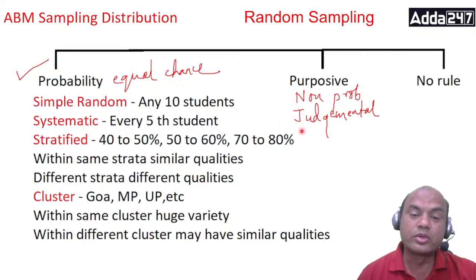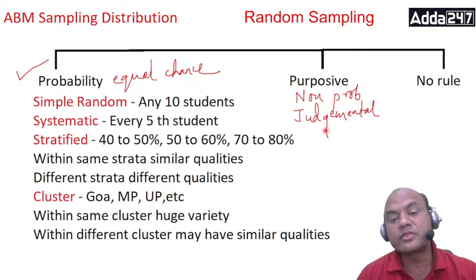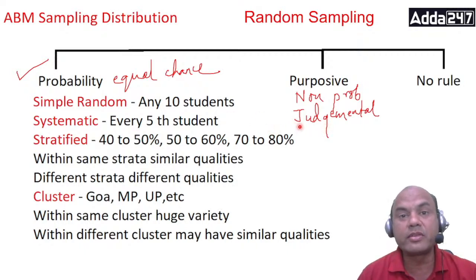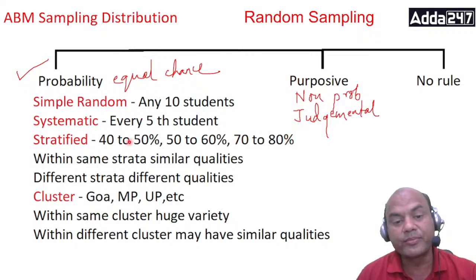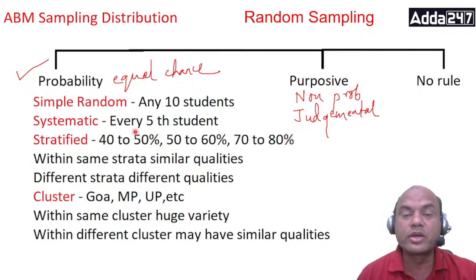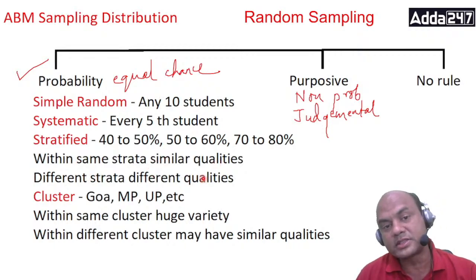Versus students with marks of 70 to 80 and students with marks of 40 to 50, their thinking ability will be different. That's what is meant by stratified. A 40 to 50% student will always think of passing, and an 80 to 90% student will always think of scoring. So within the same strata, similar qualities; within different strata, different qualities.